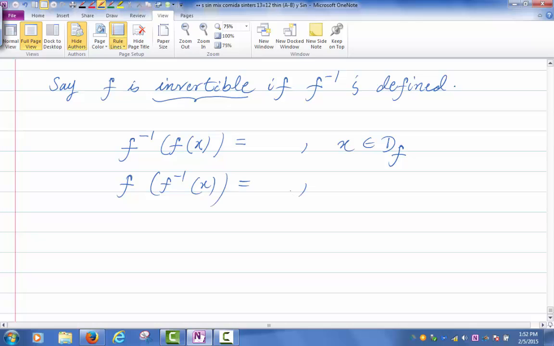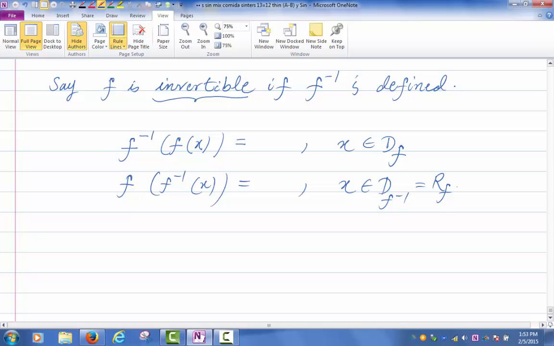And in this case, x has to be where? Well, x has to be in the domain of f inverse now, right? But the domain of f inverse is what? The domain of f inverse is the same as what? The range of f, right? The range of f. Okay.